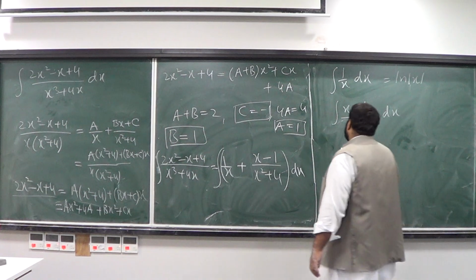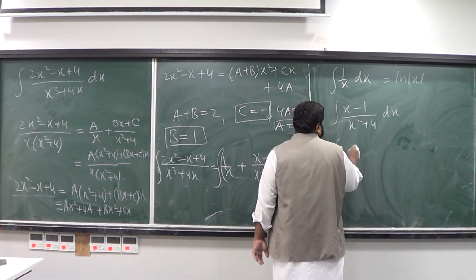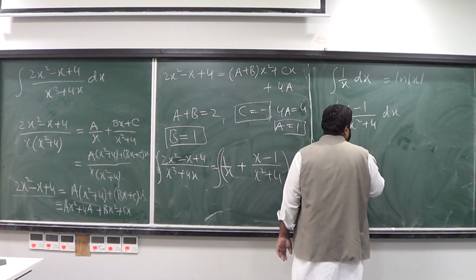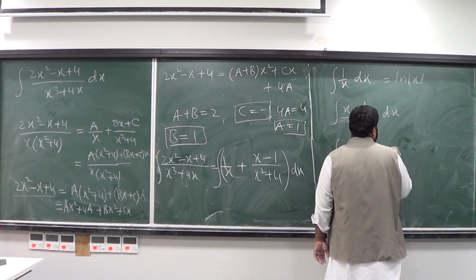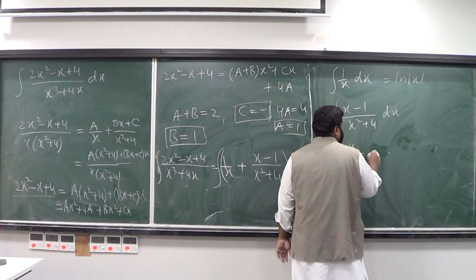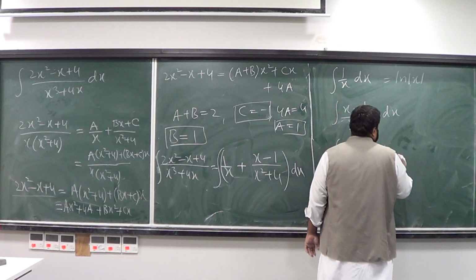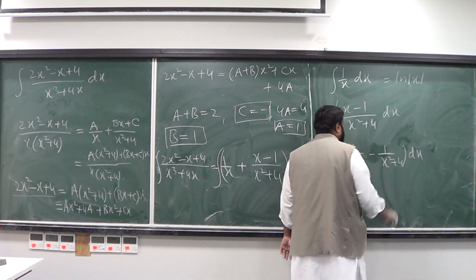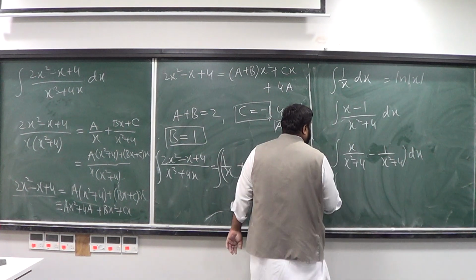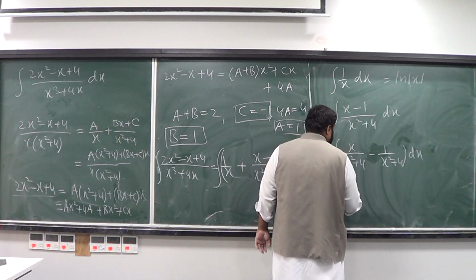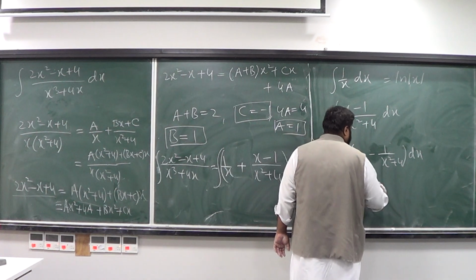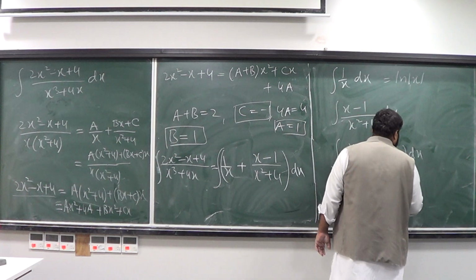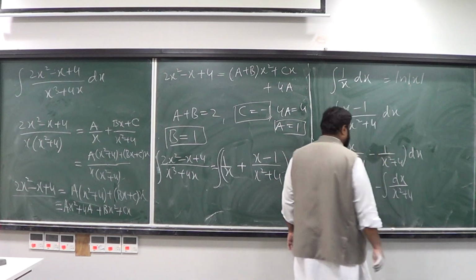You can separate this integral: x by (x² + 4) dx minus 1 over (x² + 4) dx, and solve these two integrals separately.